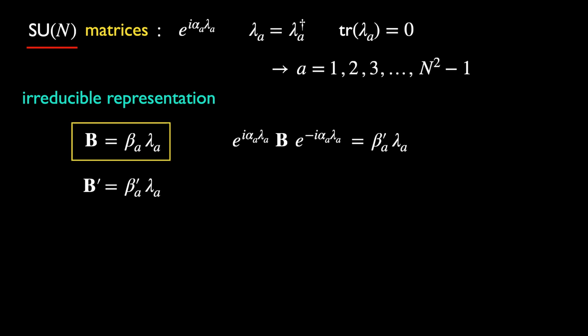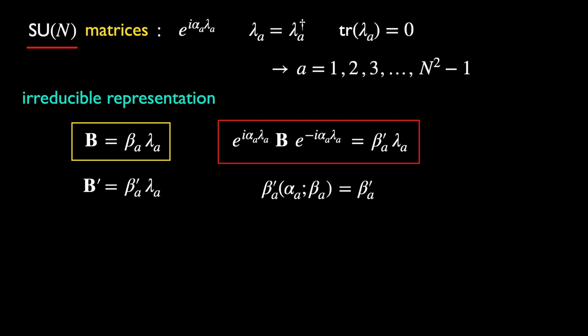To show that this representation is indeed irreducible, we must go a step further. From this equation, the transformed parameters beta prime are related to the initial parameters beta by such an equation. Beta prime can then take any set of real values for fixed beta by an appropriate choice of alpha, because there are just the necessary number of free parameters to match the number of equations.